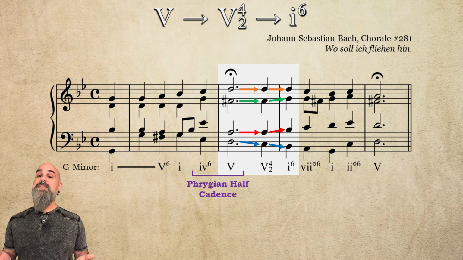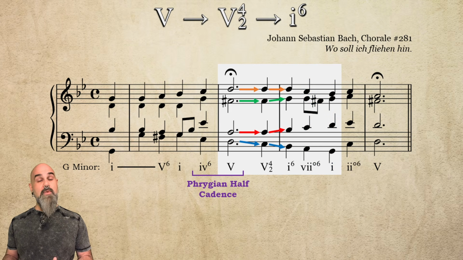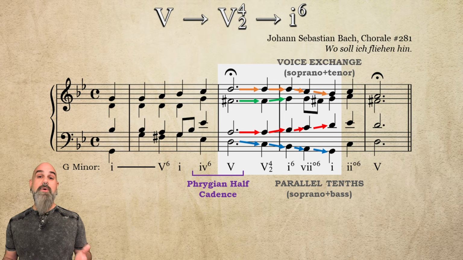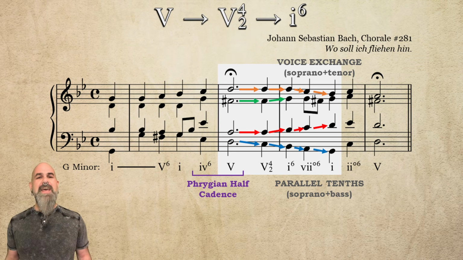Why? This actually sets up a textbook 1-6, 7-6, 1 progression like we saw in the last video, with parallel tenths between the soprano and bass, and voice exchange between the soprano and tenor. And check that out.